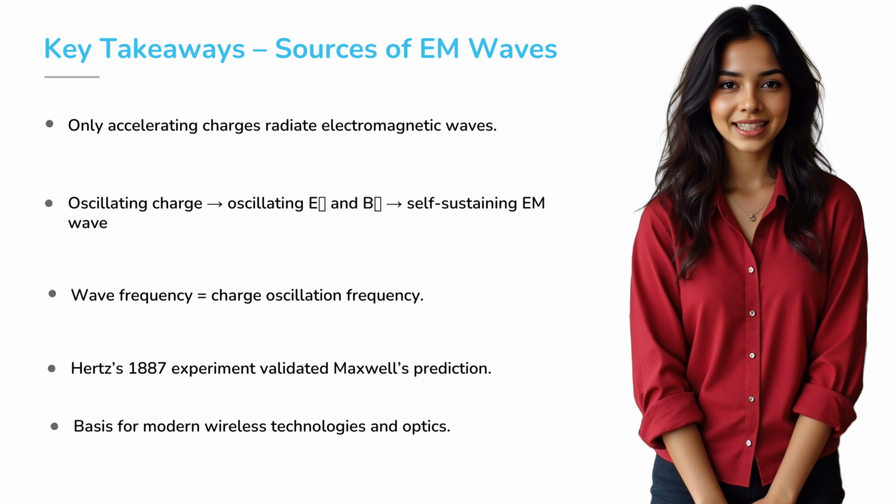Hertz's groundbreaking experiment in 1887 validated Maxwell's theory and opened the door to modern communication technologies. From radio broadcasts to your smartphone's 4G and 5G signals, it all started here. So next time you stream a song over Wi-Fi, remember, it's not magic, it's just charges dancing back and forth, creating waves that carry information through the air.